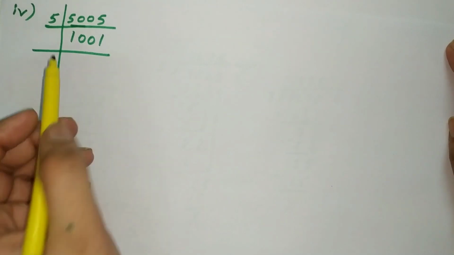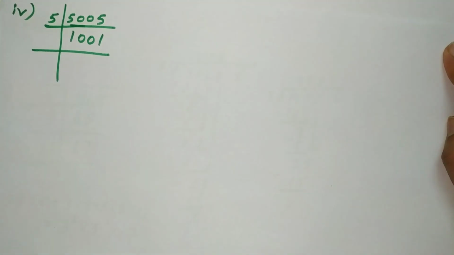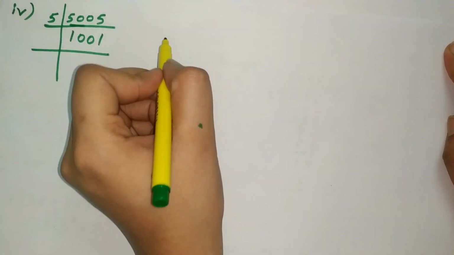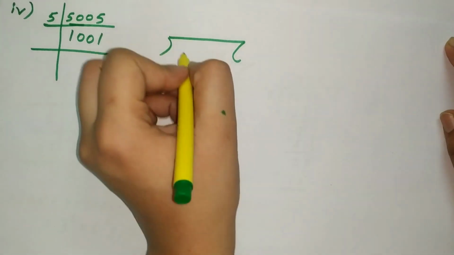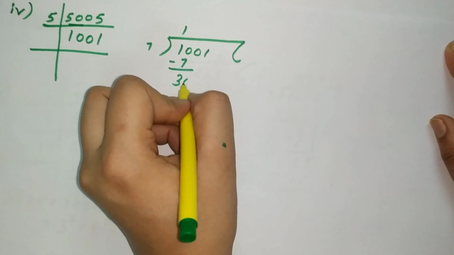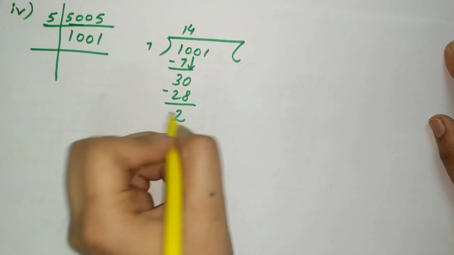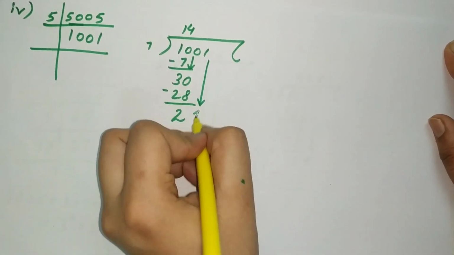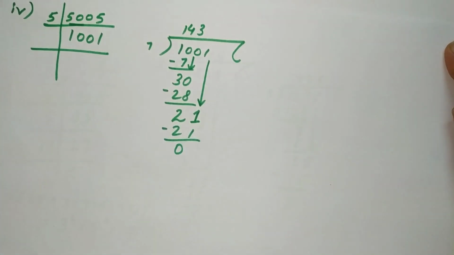Now 1001 is not divisible by 2, 3 or 5, but it's divisible by 7. You can either learn the divisibility of 7 or you can do the hit and trial method. So 7 ones are 7, remainder is 3, 7 fours are 28, remainder is 2, 7 threes are 21, remainder is 0. So 1001 is divisible by 7.